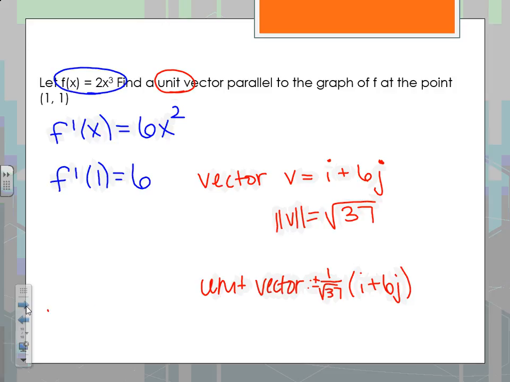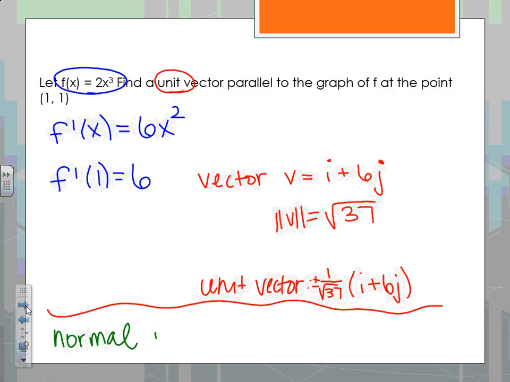On a side note here, what if I asked for a vector normal to that point? What does normal mean in calculus? Perpendicular. And so if our slope is 6, what is our normal slope? Negative 1 over 6. Okay, so normal would have a slope of negative 1 over 6.